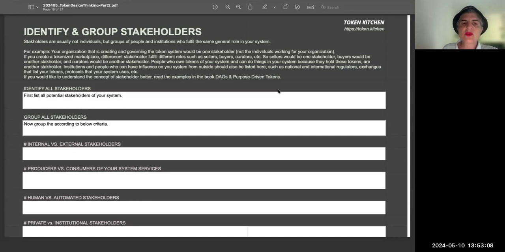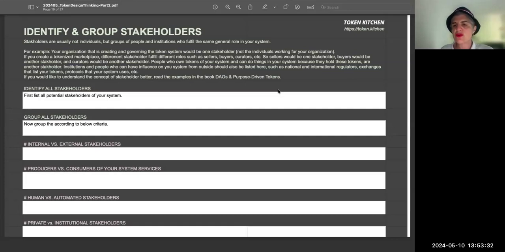Then you can distinguish between producers and consumers of your system services. For example, in a decentralized social network like Steemit or now Friends Tech as a more modern example, you have the content creators or influencers who contribute with content. They are the producers of system services.